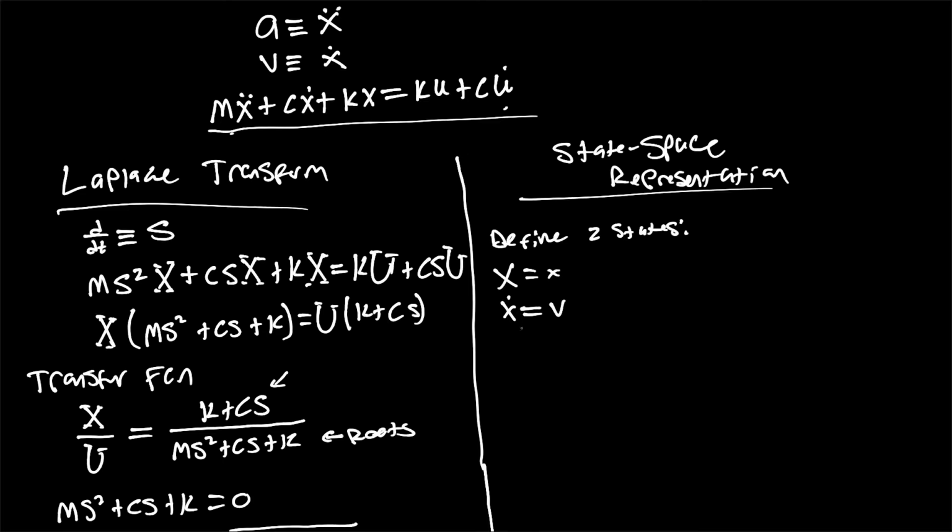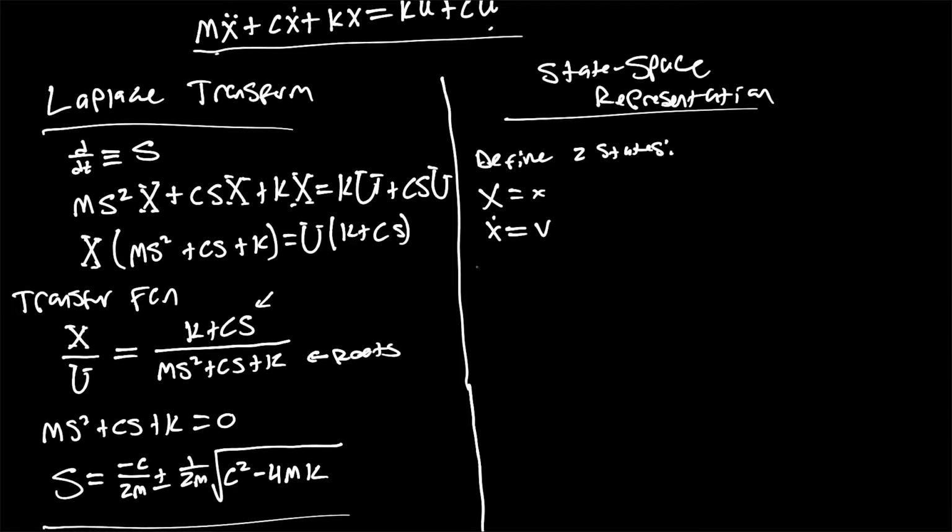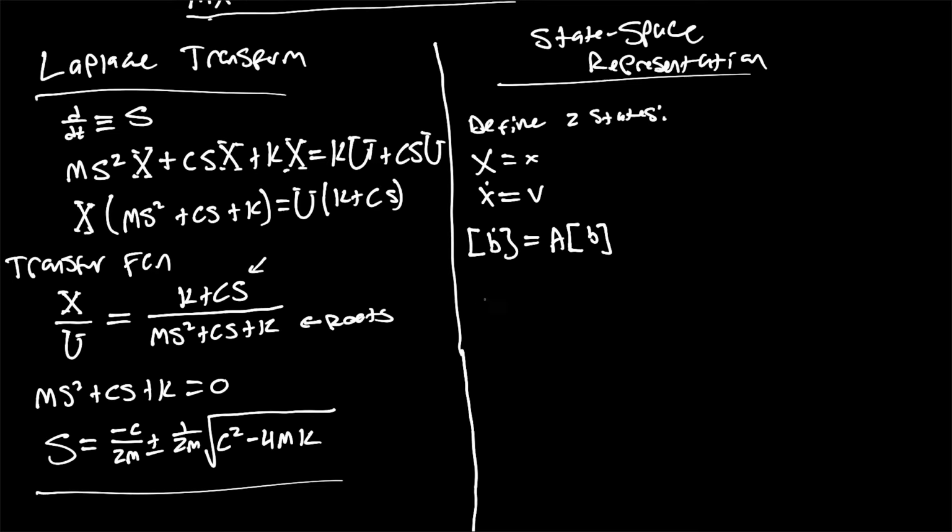And so when we go to do a state space representation, the usual form for that is going to be B dot equals some system matrix A times a column vector of your states. So basically the time derivative of the states is going to be related to some system matrix times B. Essentially what we're getting here is a vector representation of a system of equations.